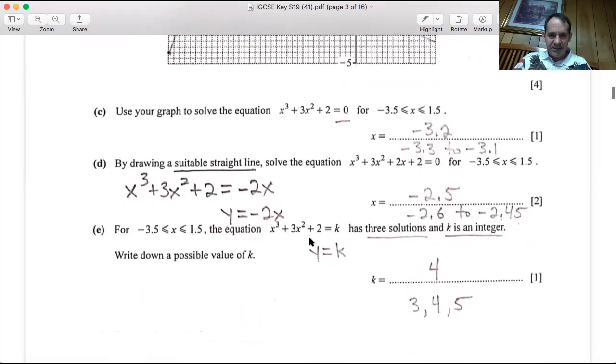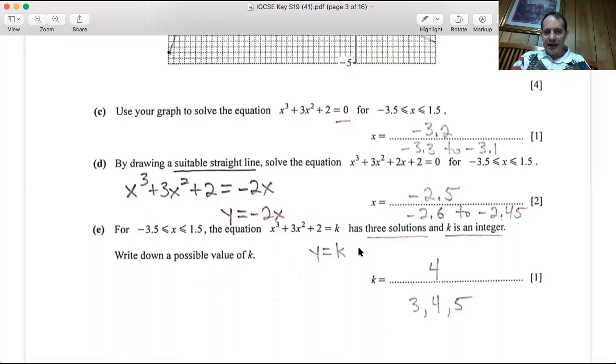Now it says for this particular interval, the equation of the original graph equaling a constant. Remember, a constant is a horizontal line. Y equals a constant is a horizontal line, like the x-axis is y equals 0, y equals 1, y equals 2, or y equals negative 1, y equals negative 2. So your y equals a constant is a horizontal line.